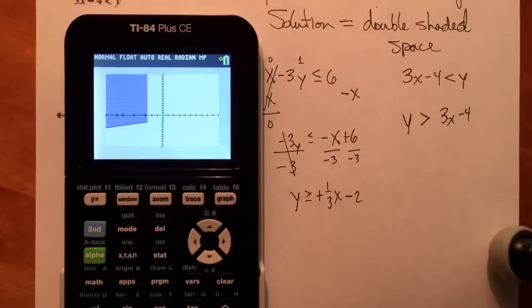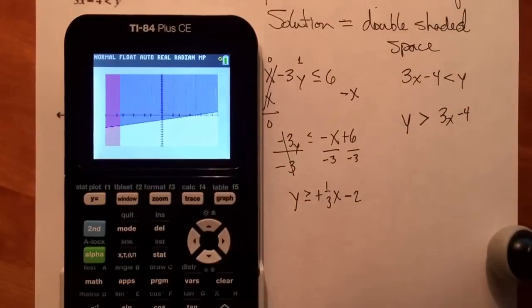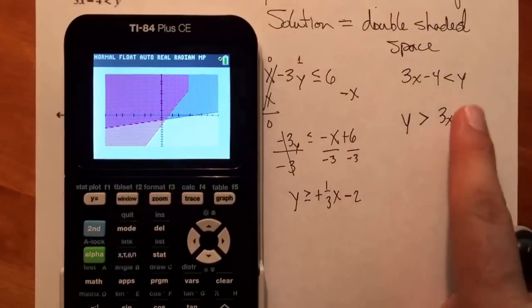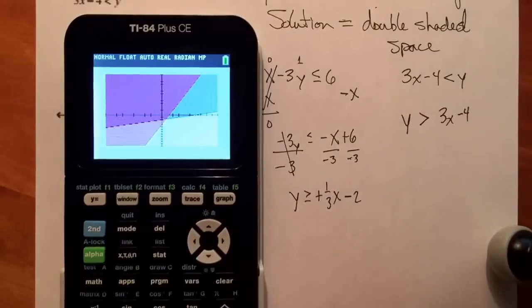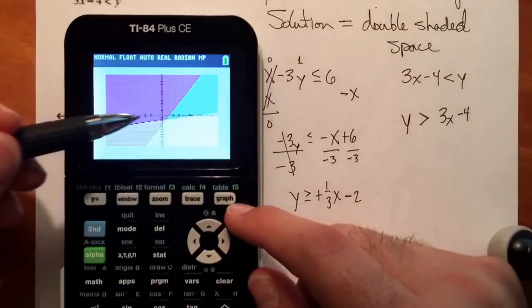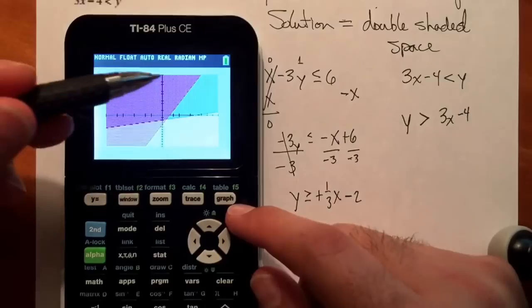There's my first inequality, and it's graphing the boundary line, and it's shading it for us. Here comes the second line. There's the boundary line, 3x minus 4, and its shaded area. Now take a look at this for a moment. We've got the blue shading in here. We've got the red shading in here.